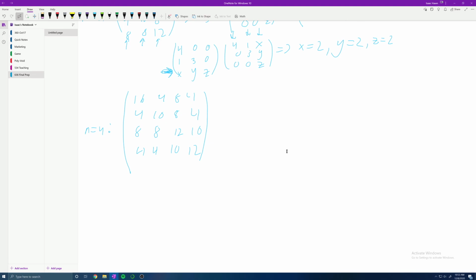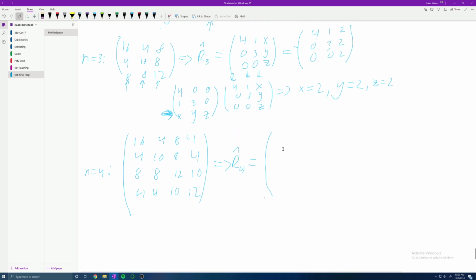So let's do this here. So we know that R4 hat, which by the way, R4 hat is going to be our R value. This is the final one since R is going to be 4 by 4. That's going to be, the first part of it's going to be what we found up here.